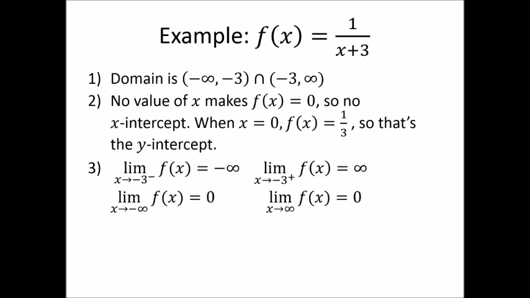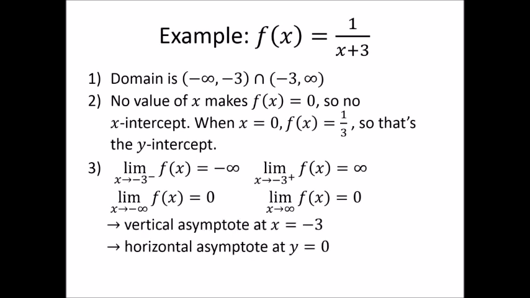And from the positive side, it also approaches 0 as the denominator gets super huge. So we have a vertical asymptote at x equals negative 3 and a horizontal asymptote at y equals 0.